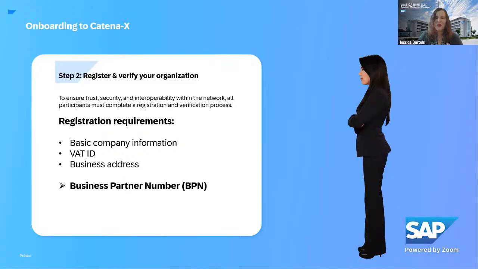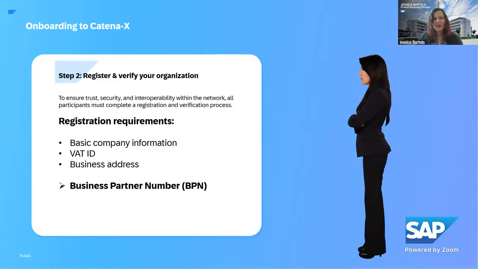The onboarding is fairly easy. You need to sign up and complete the registration and activate your account, so you need to sign up and register your organization, and therefore you need to have basic company information like your VAT ID and your business address.